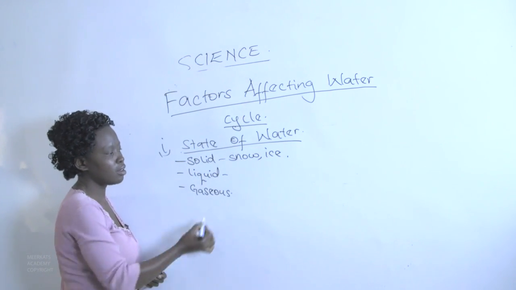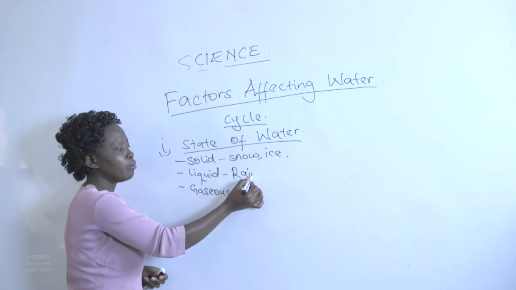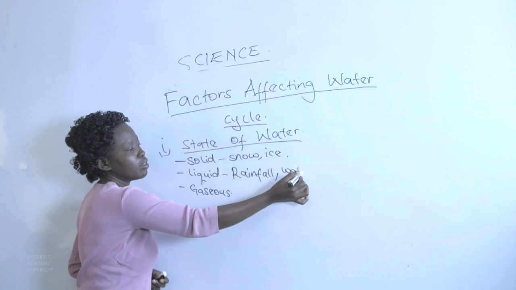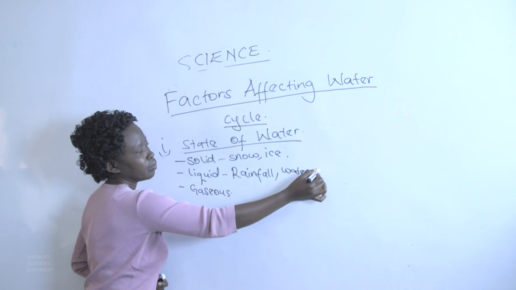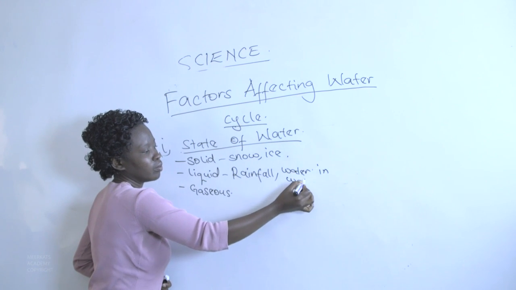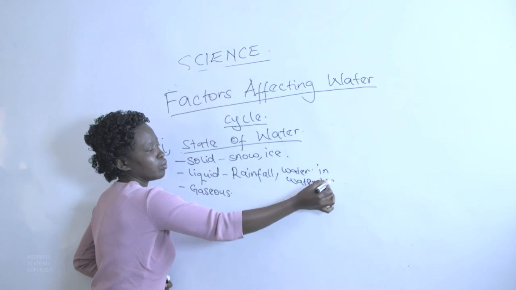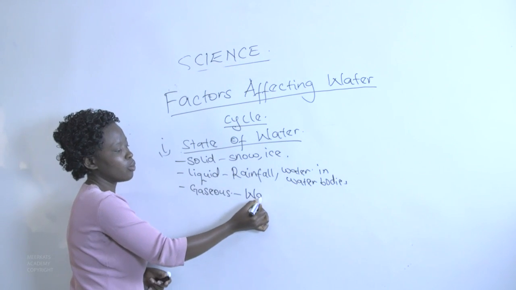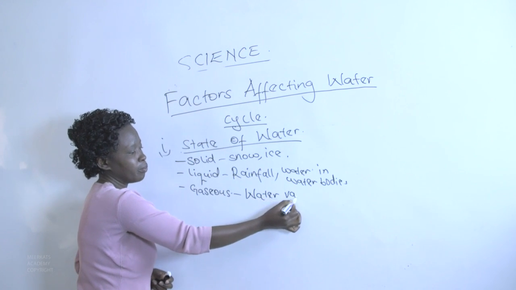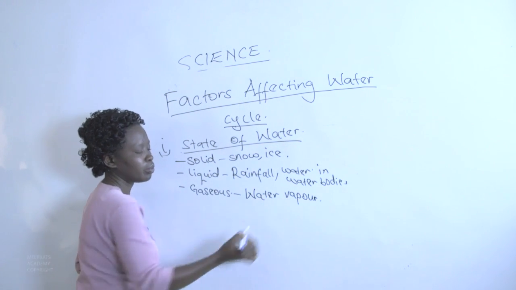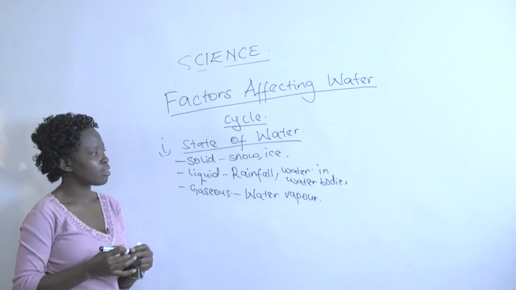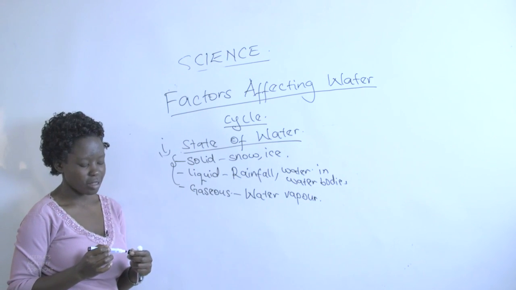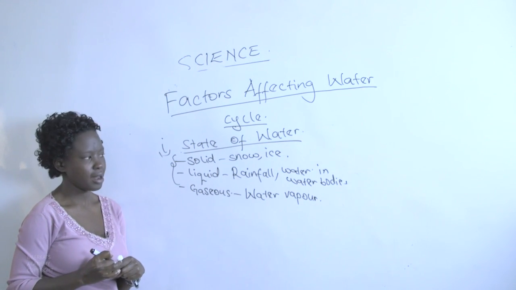Water in liquid state could be rainfall and all the waters in the water bodies. Water in gaseous state is water vapor. So water, when it is in these various states, can affect the water cycle in one way or another.